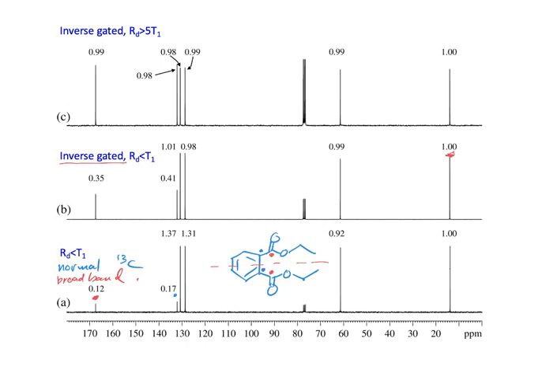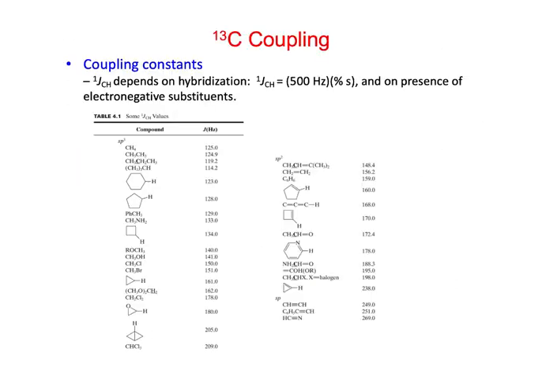Okay, so let's look a little bit more at coupling, C13 coupling. So we're going to look at some C13 coupling constants. In general, when we look at one bond carbon-hydrogen coupling, we can generalize, if it's just some kind of alkyl group, that the size of the coupling constant is related to the hybridization of the carbon.